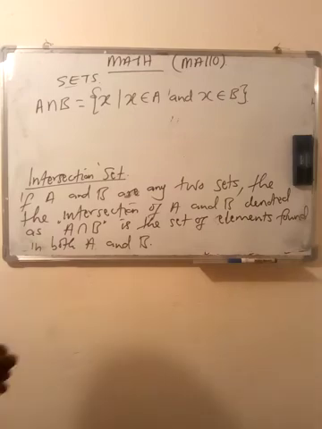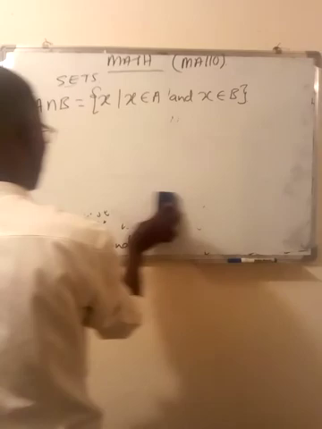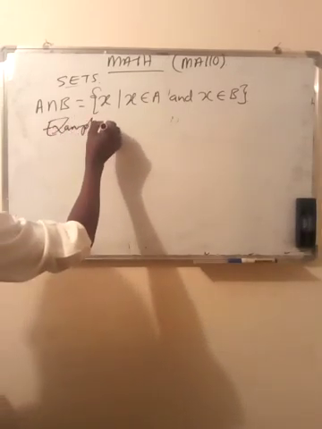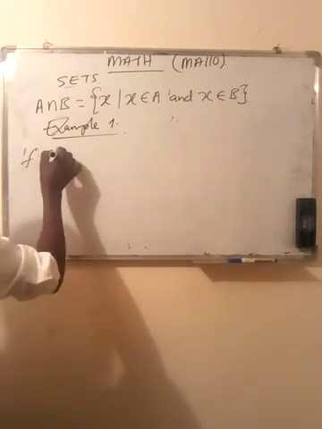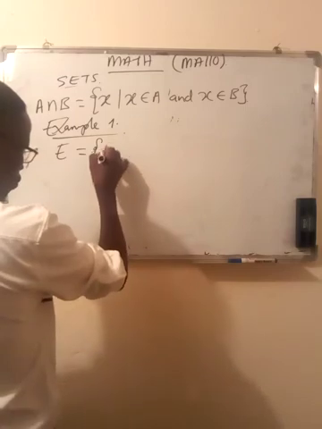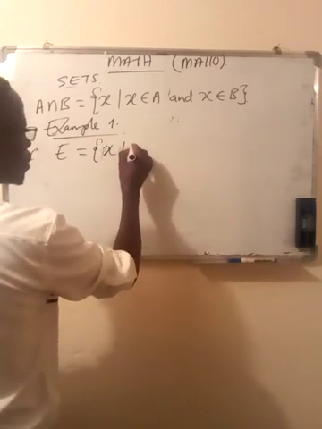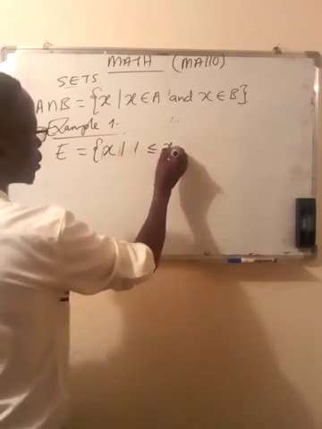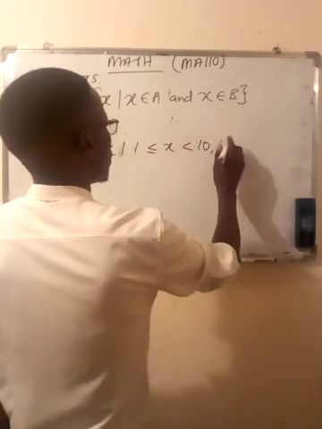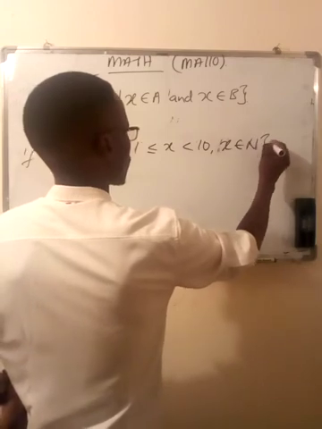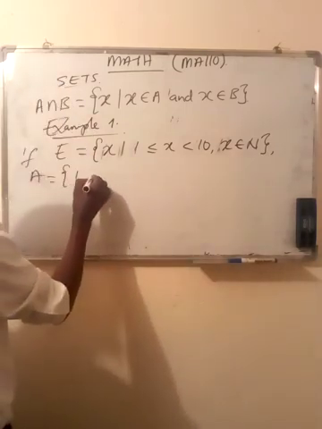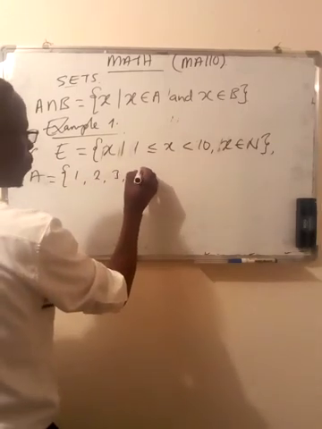So let's say example 1. If the universal set is equal to X such that 1 is less than or equal to X, which is less than 10, and X is a member of natural numbers, and A is equal to 1, 2, 3, 4, 5, and B is equal to 2, 4, 6, 8.